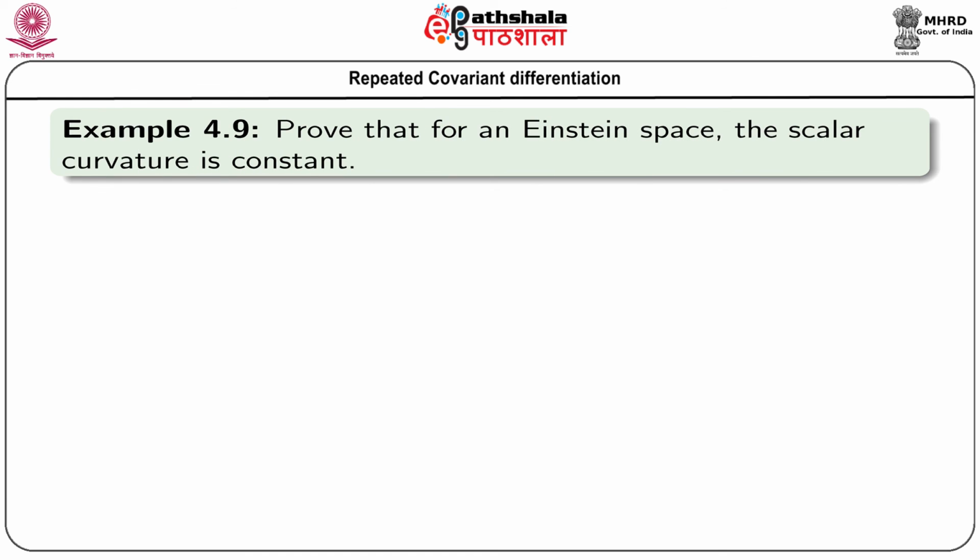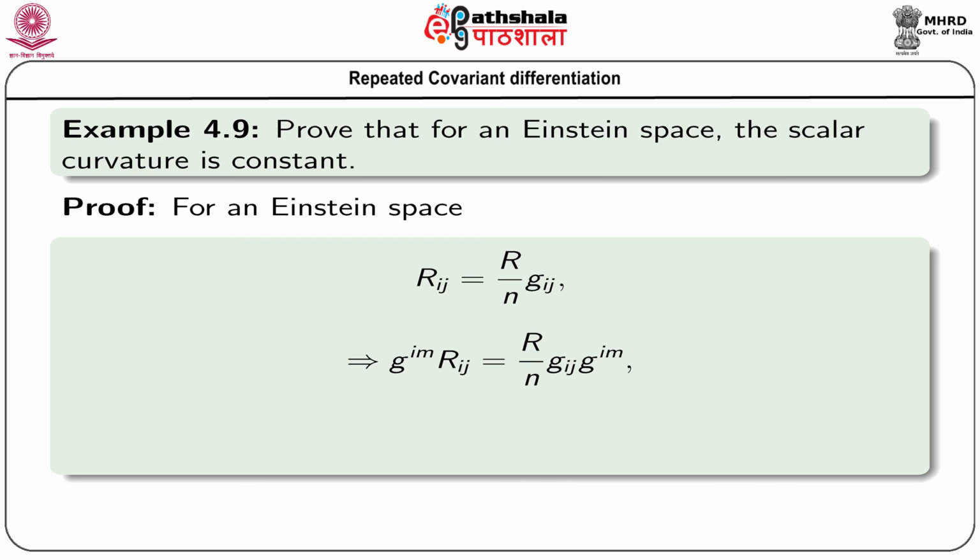Now, for an Einstein space, the scalar curvature is constant. For an Einstein space, we have seen that R_ij equals R by n g_ij. Now, taking the inner product with g^{im}, we obtain this expression, and from here we get R^m_j equals R by n delta^m_j.